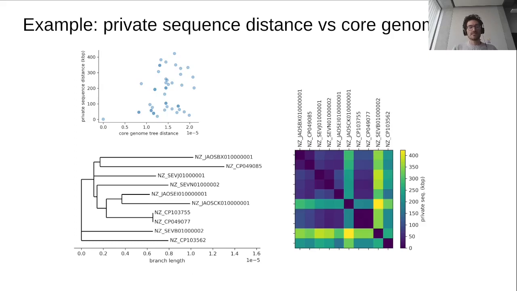The idea being that these genomes are very closely related if I look at the core genome alignment, but they have lots of sequence, several hundreds of genes, that are present in one isolate but absent in the other, with a weak correlation between distance on the core genome tree and the amount of private sequence between isolates. We will then zoom in on a particular pair. So you see these isolates are close on the core genome tree, but they are quite different when it comes to the amount of private sequence.